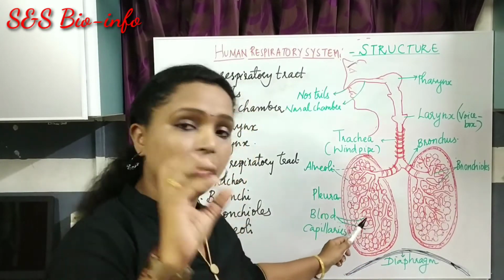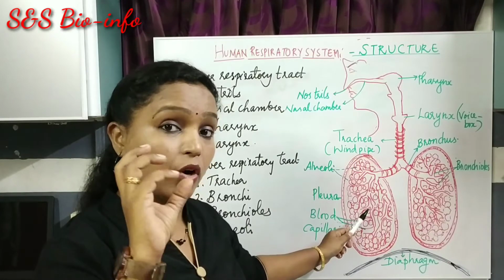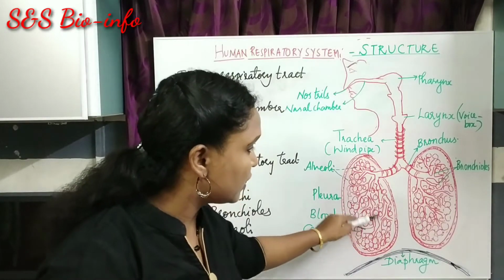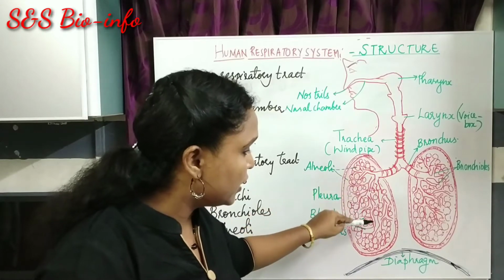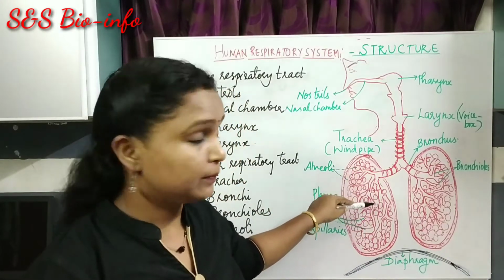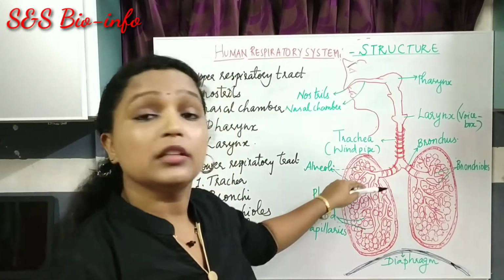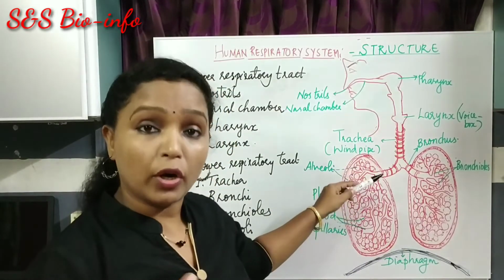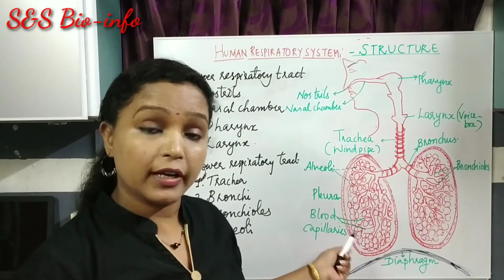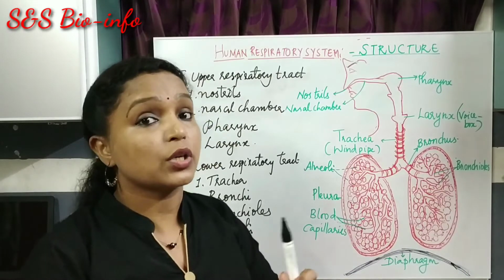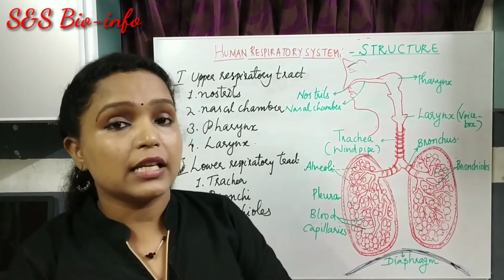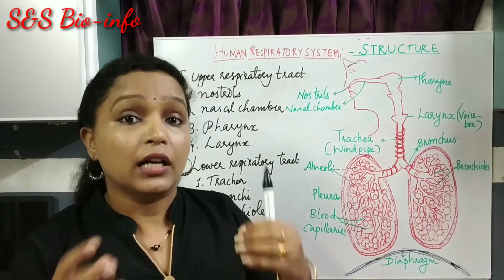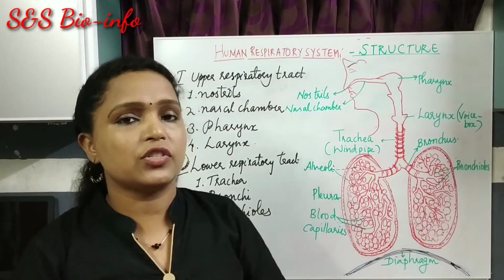Here you can see many round-shaped or sac-like structures. Here, the blood vessels run in between the bronchioles and alveoli. So here the bronchi, bronchioles, then alveoli along with the blood capillaries constitute our lungs. Our lungs are placed inside the rib cage in the thoracic chamber.